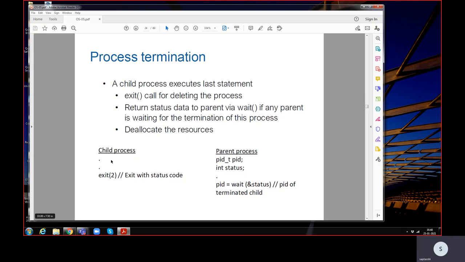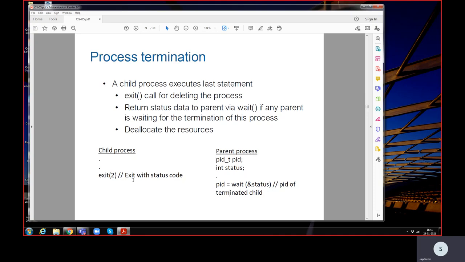For example, if you write the child process in that way, you might use exit 0 to indicate that everything was OK, or exit 1 to indicate a particular error had occurred, or exit 2 to indicate some other error had occurred, and so on. The usual convention is you exit with status 0 if everything went according to expectations, but you exit with 1 or 2, etc., some non-zero value to indicate different error conditions.